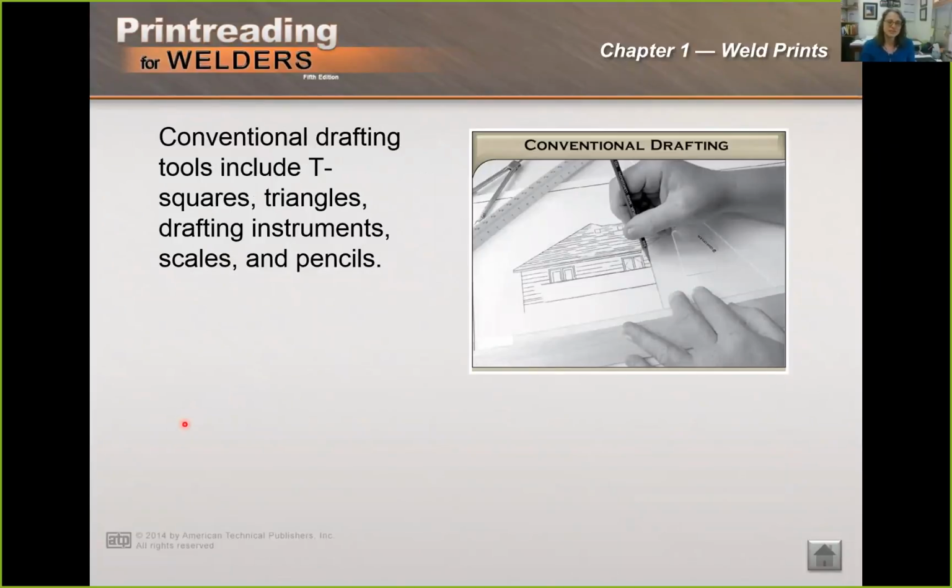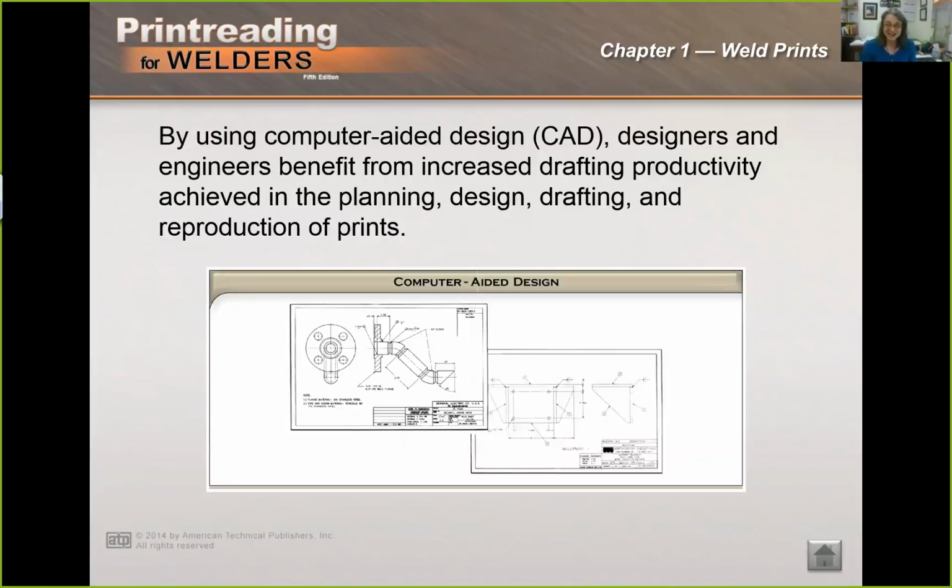Working drawings can be made either by hand, like this person is doing, with conventional tools that are T-squares, triangles, manual scales, compass, and a pencil. That's a very tedious, time-consuming process that requires great attention to detail and a fair bit of manual artistic talent. More often today, prints are created using computer-aided design software.